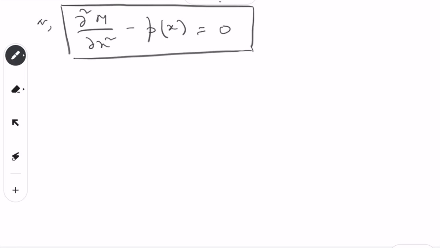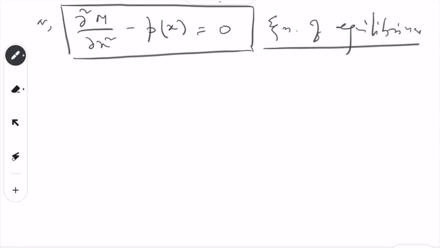Okay. So, this is the equation of equilibrium, and this is also actually the strong form.